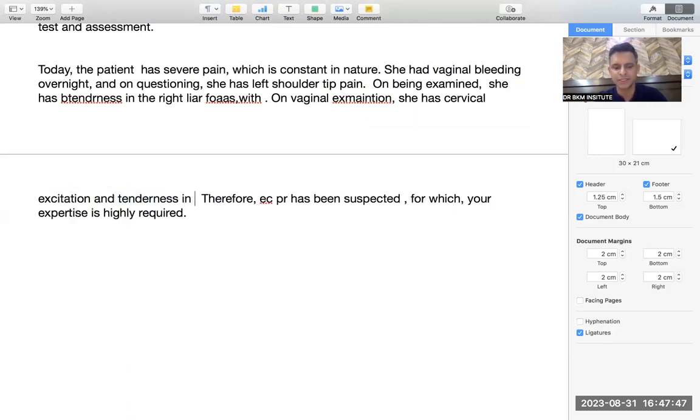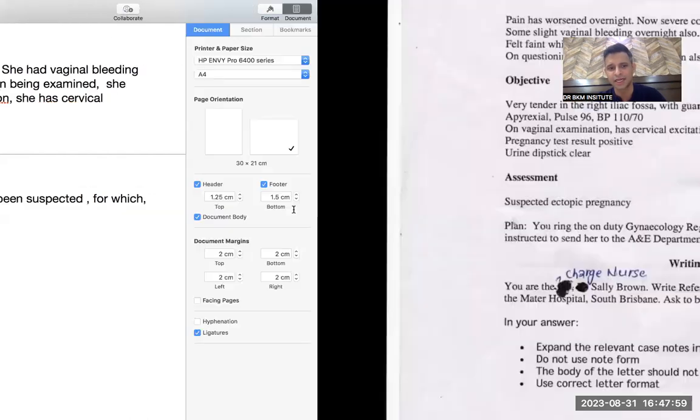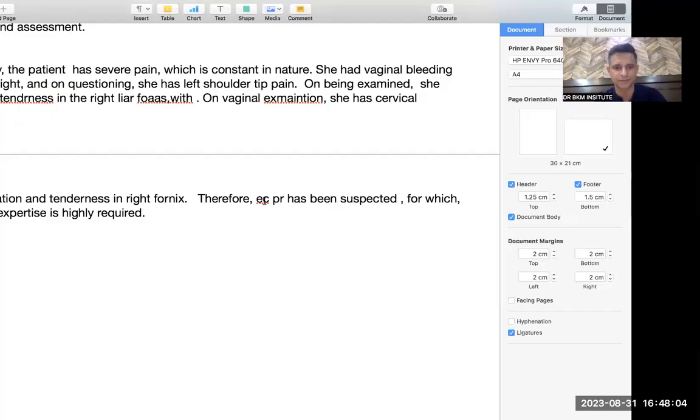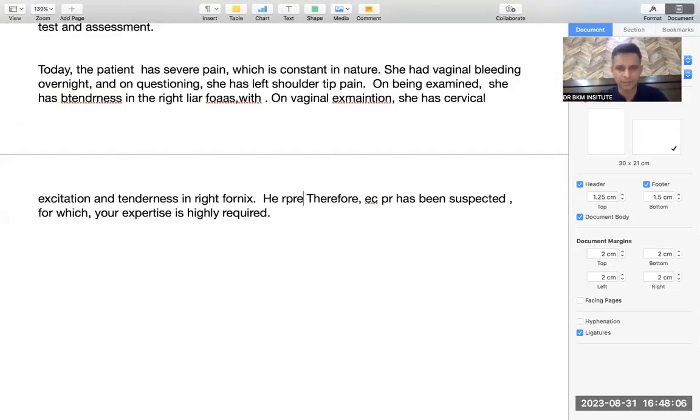This is, I'm just writing it practically for you guys only. I know I'm boring you a little, but it is very helpful because you can understand how easy it is to copy paste. You are exactly doing copy paste, nothing else. So tenderness in the right fornix and then her pregnancy test is also positive.